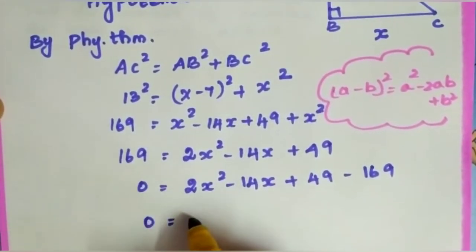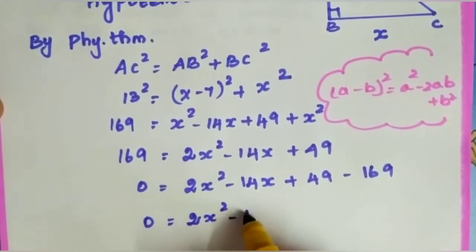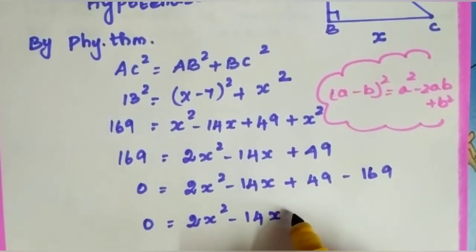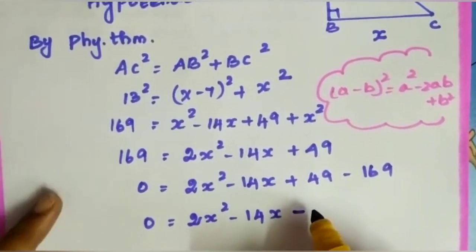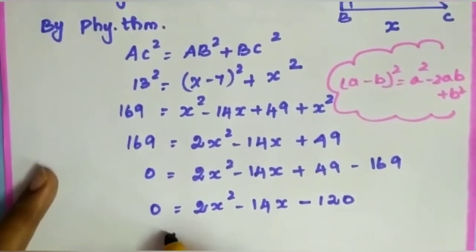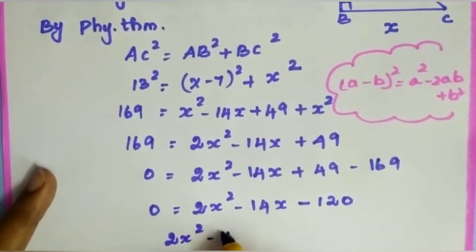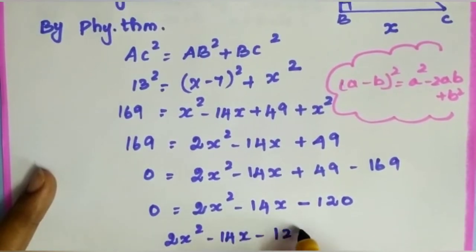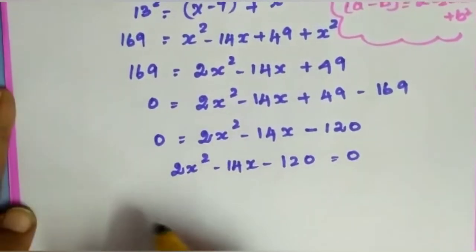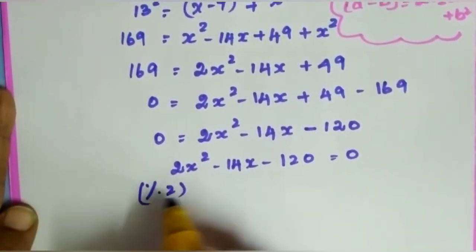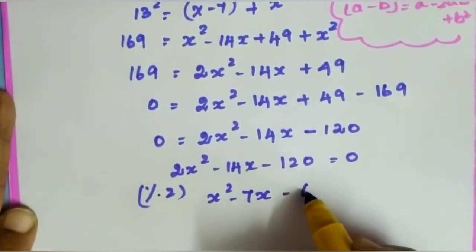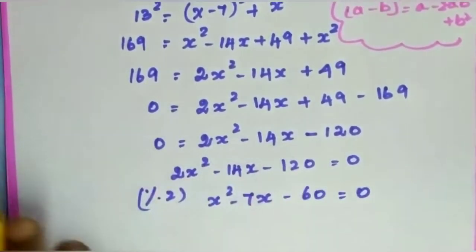So 0 is equal to 2x square minus 14x minus 120. So 2x square minus 14x minus 120 is equal to 0. All the numbers are divisible by 2, so I am going to divide by 2: x square minus 7x minus 60 is equal to 0.